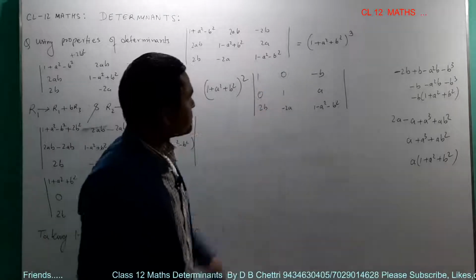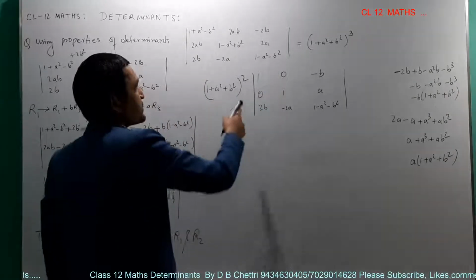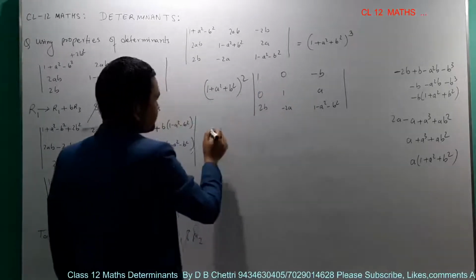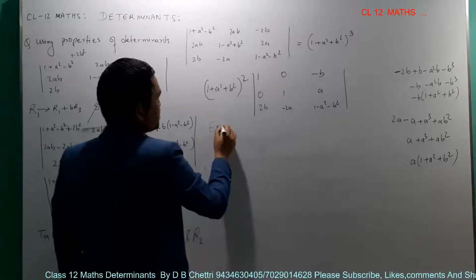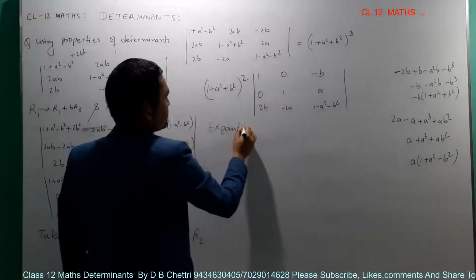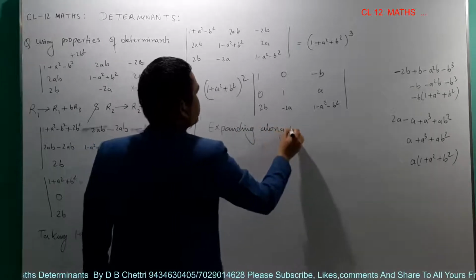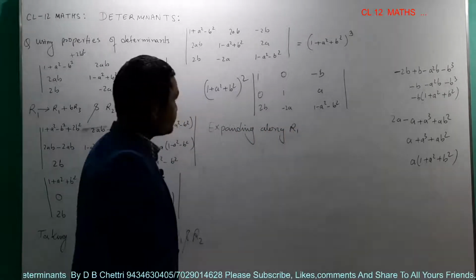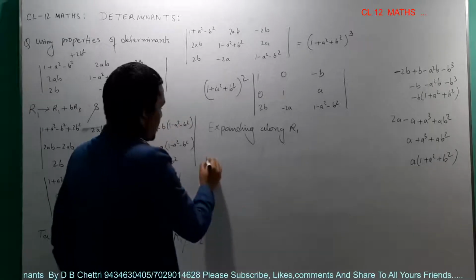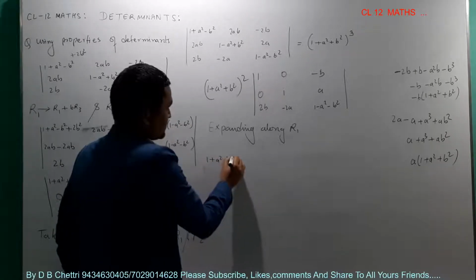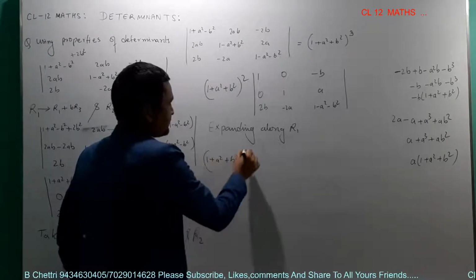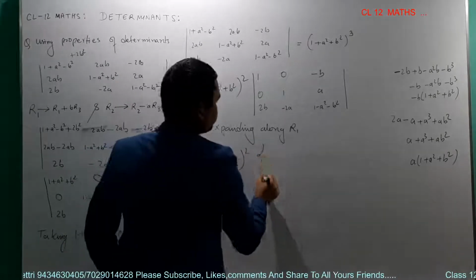Now let's do expanding along R1. 1 plus a square plus b square, whole square, times 1.